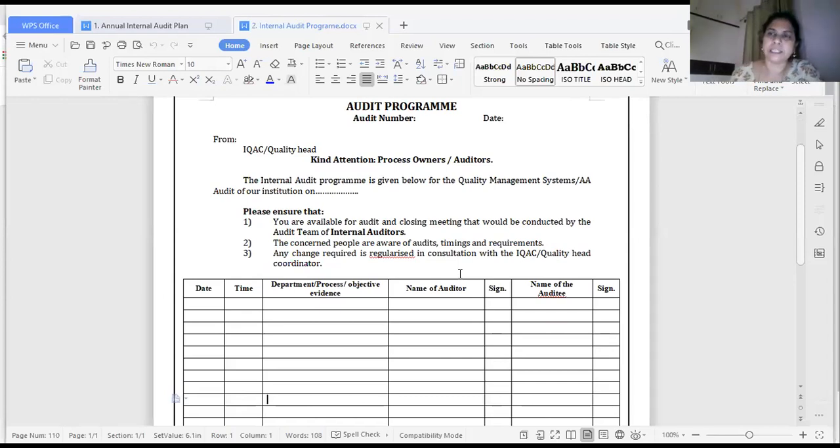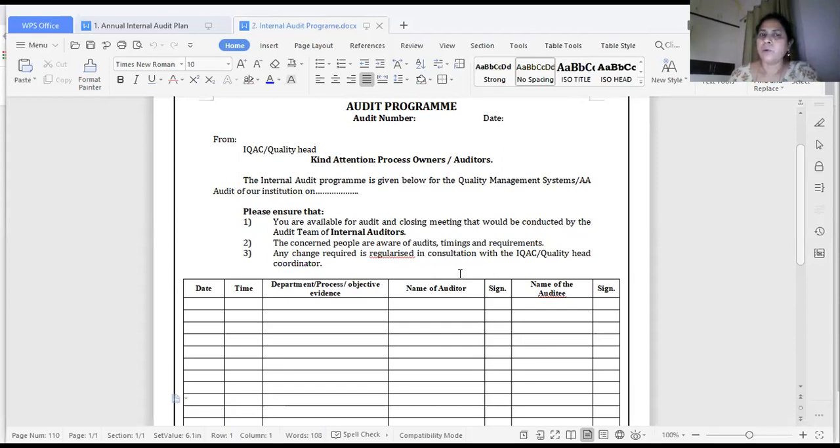The closing meeting is the meeting you hold with the auditee, where in 1 hour or 2 hours or 1 day of time, whatever you have taken to audit all the records and whatever you have noted down, you explain to the process owner in the closing meeting of the audit. Hence, the availability of the process owner for the closing meeting and throughout the audit is necessary.